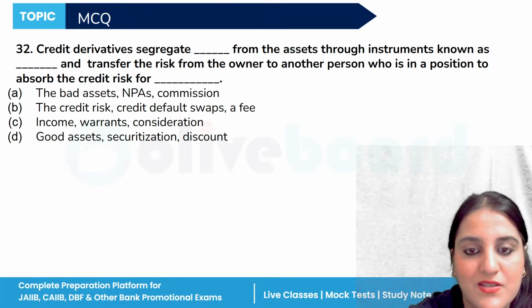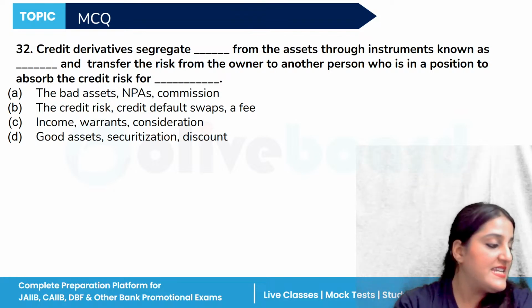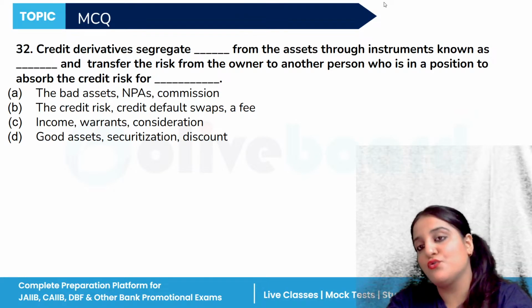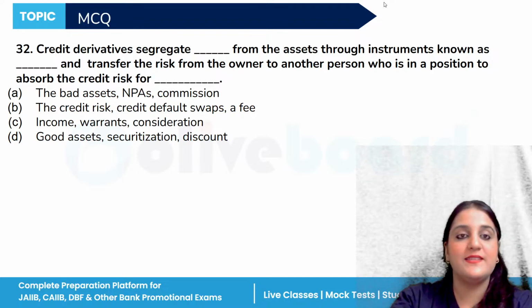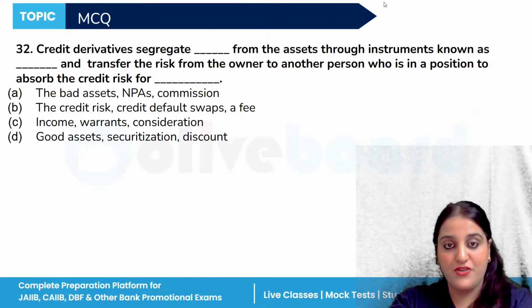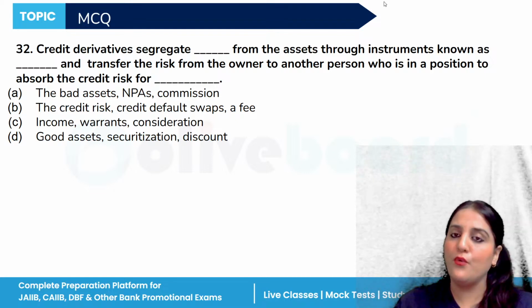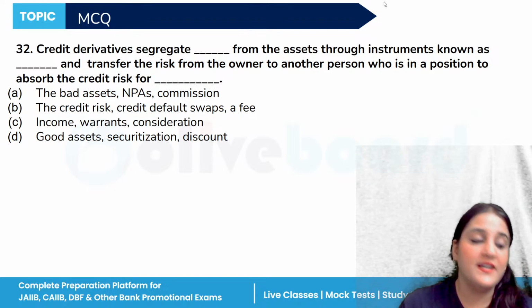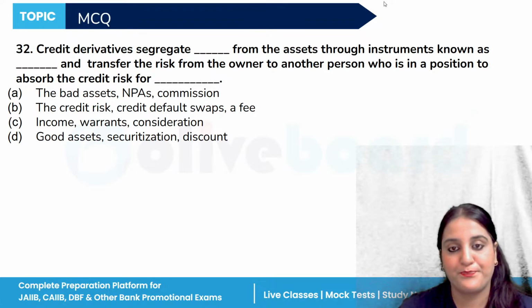And the last question for the day is, credit derivatives segregate dash from the assets through instruments known as dash, which transfer the risk from the owner to another person who is in a position to absorb the credit risk for dash.